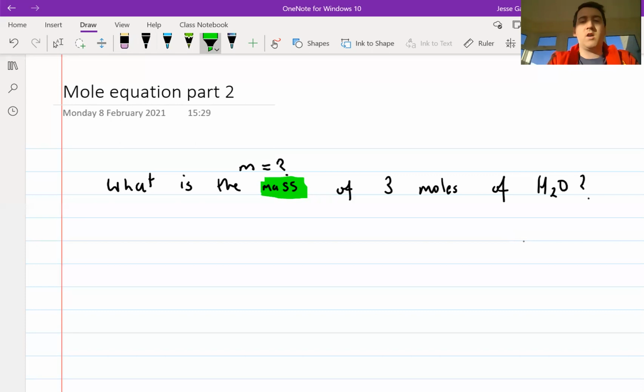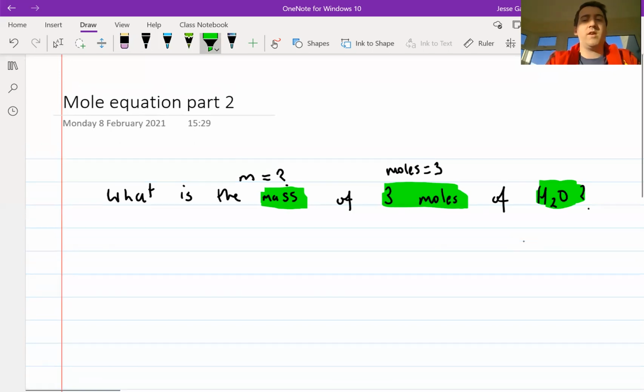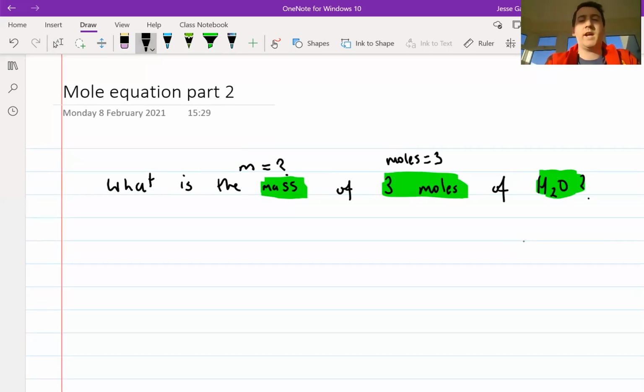What else do I know? I know I've got 3 moles. So moles are equal to 3. In all my previous examples in the last video, moles was always the question mark. I wanted to find the number of moles. This time I have the number of moles, but I don't have the mass. And I know that the substance I'm talking about is water, and it's got a formula H2O.